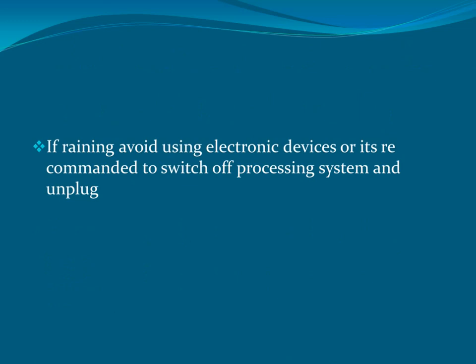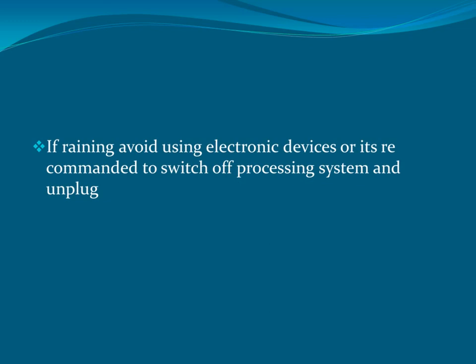If it is raining, avoid using electronic devices. It is recommended to switch off the processing system and unplug. If it is raining, it is very advisable to first turn off all the computers or electronic devices and wait for a little while.